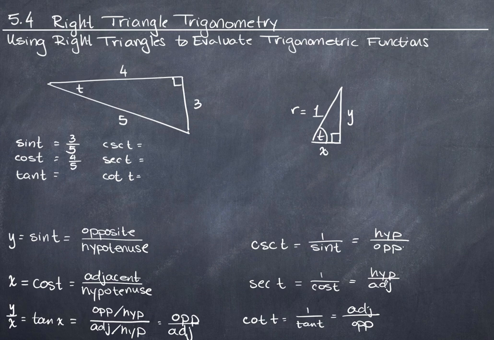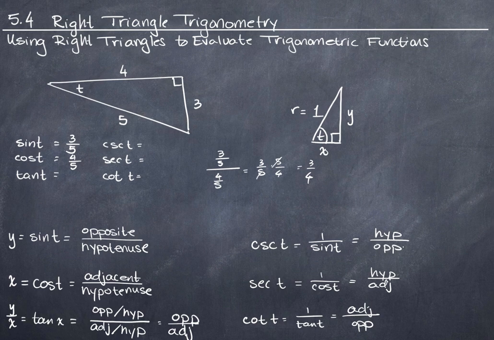The tangent, you can get a couple of different ways. One is that you can say, well, tangent is sine over cosine, so 3 over 5 divided by 4 over 5. I'll write that down just very quickly. 3 over 5 divided by 4 over 5 is going to be 3 over 5 times the reciprocal, 5 over 4. Those cancel, and you get 3/4.